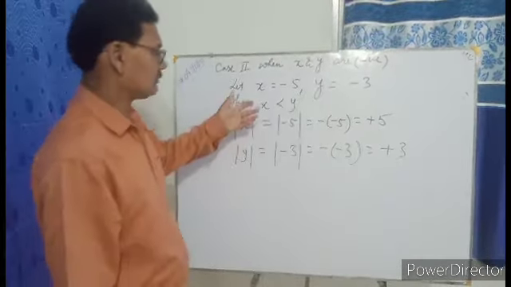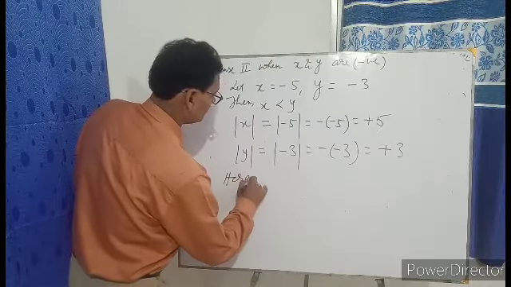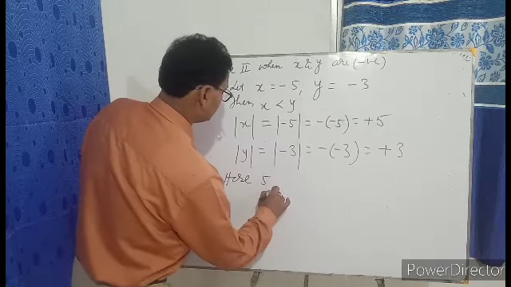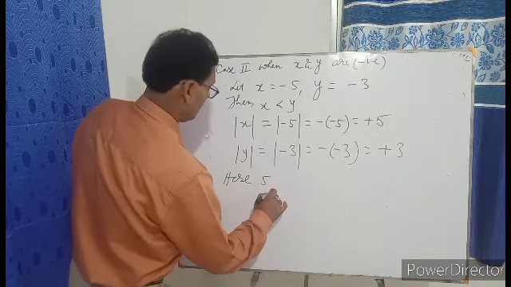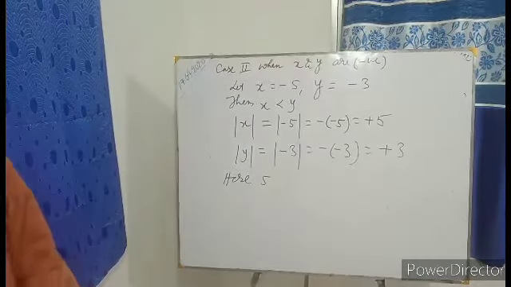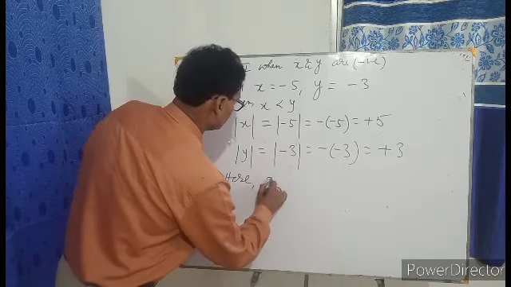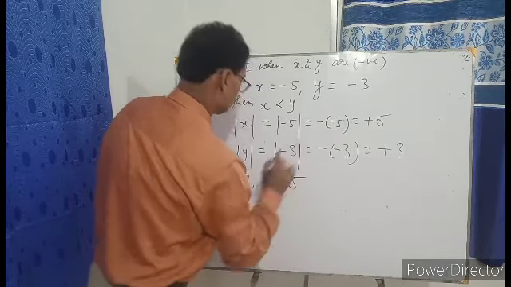So the picture is quite clear here. 3 is less than 5.